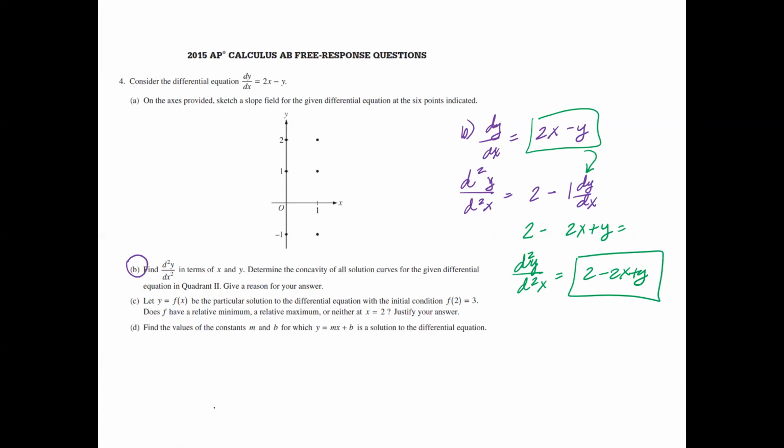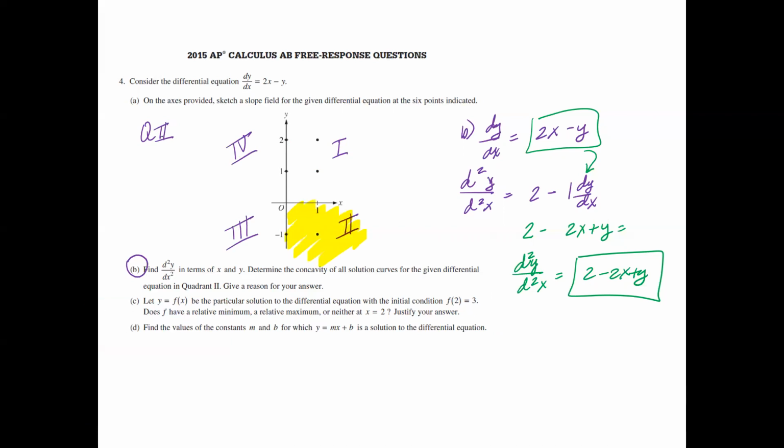Okay, so looking at this part here, where is quadrant 2? Let's put it here. This is going to be quadrant 1, quadrant 2, quadrant 3, quadrant 4. Specifically, I'm looking at this section here.